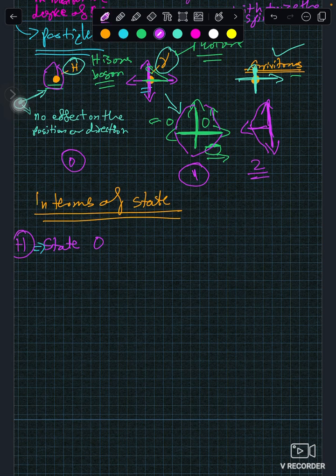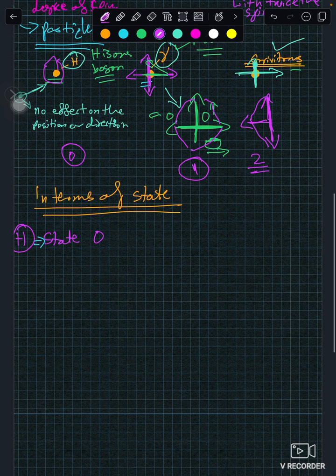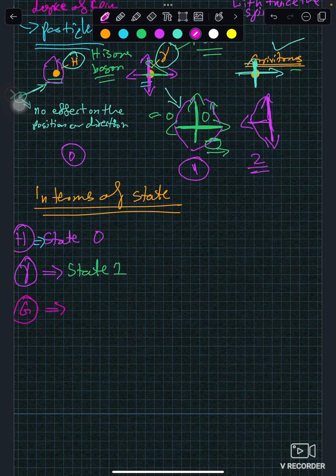Then photons, since they spin with each turn, will have state 1. But gravitons will have state 2, because it takes 2 turns, one here, then the second one to come back to its original position. It takes 4, but 4 with each turn, we cannot take it as 1.